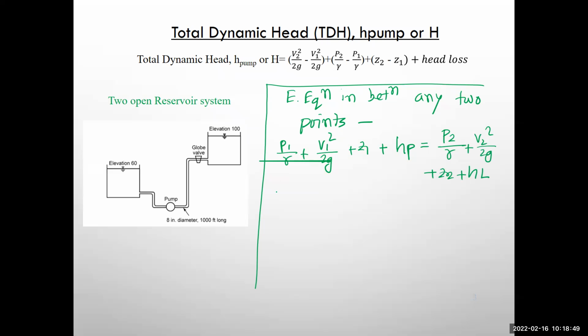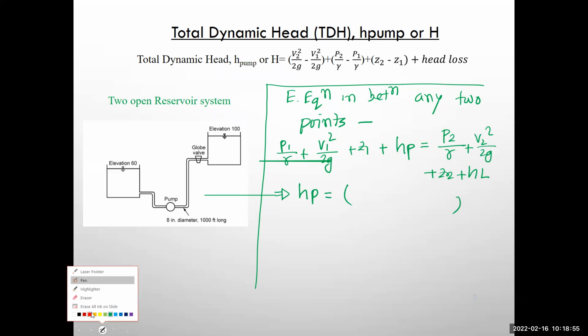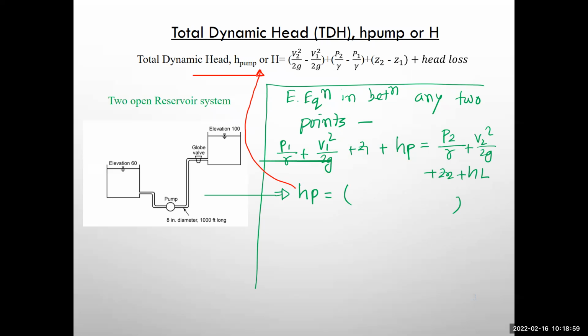Now from this equation, if you just rearrange the whole thing, you will get this expression. That is the rearranged expression for pump head. Now in this expression, we have velocity, we have pressure, we have elevation head, we have head loss.